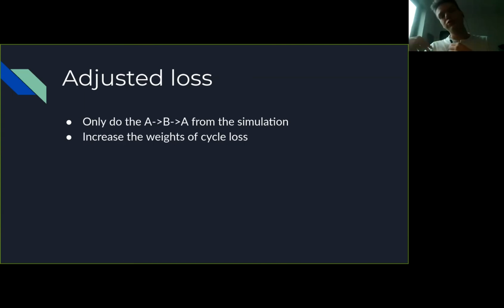So I tried to ground the translation more in the simulation. The cycle loss is supposed to be bidirectional, meaning that you do A to B to A and B to A to B. And what I adjusted was only doing the A to B to A in order to ground the semantic information in the simulator, which helped a bit.